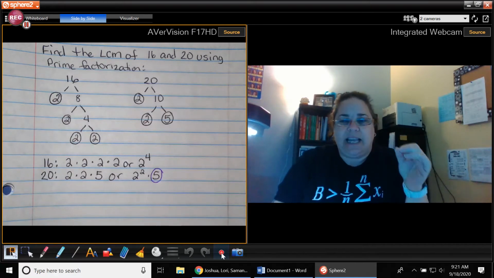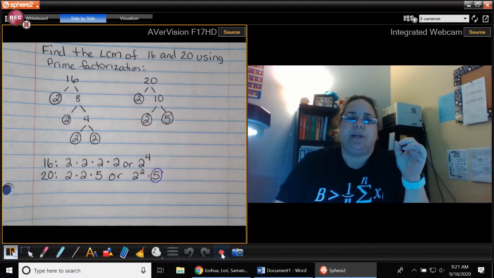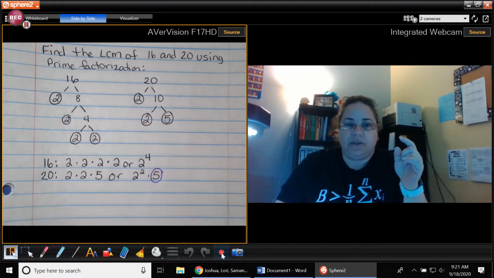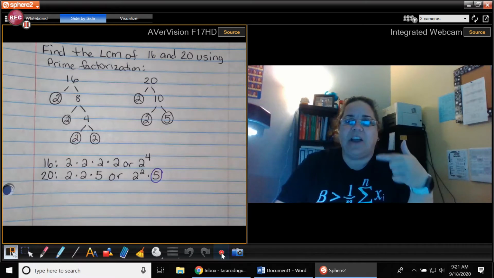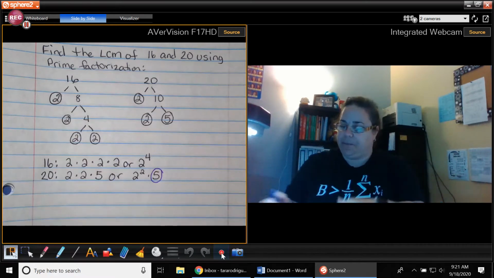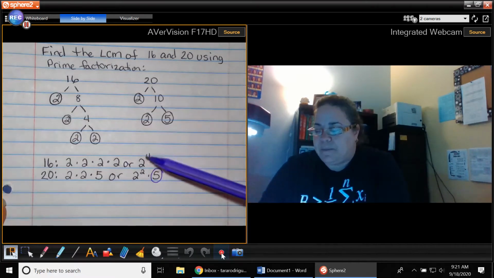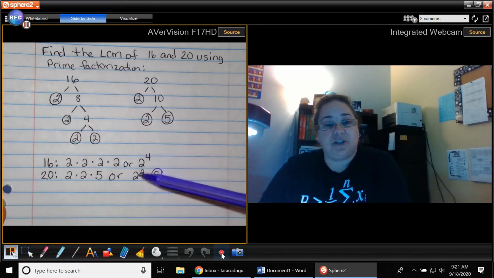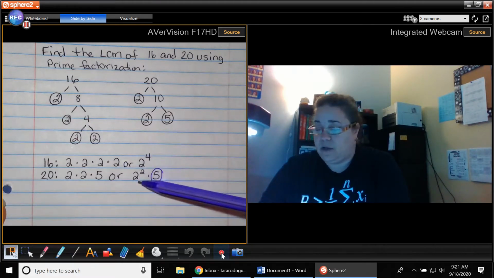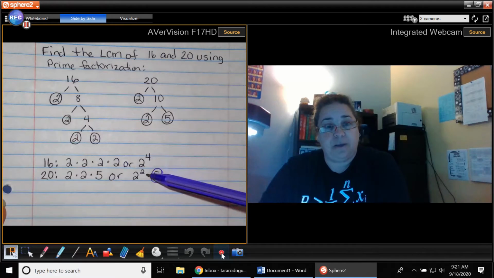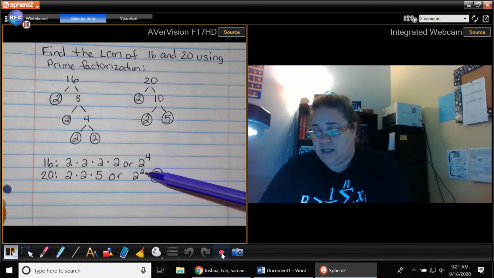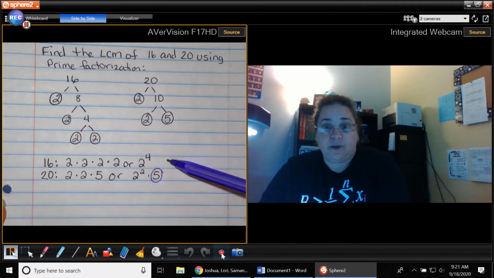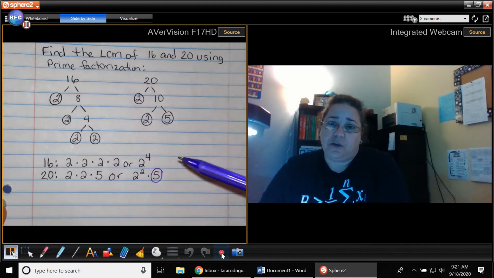Now, the second thing that you need to do is, first you looked for unique numbers. Then when you look at the common numbers, you're going to pick the higher value one, okay? So you see they both have prime factors that are 2 and their powers, okay? So right here I have 2 squared and this is 2 to the 4th. So which one is the higher value one?